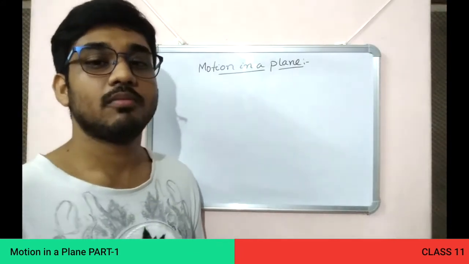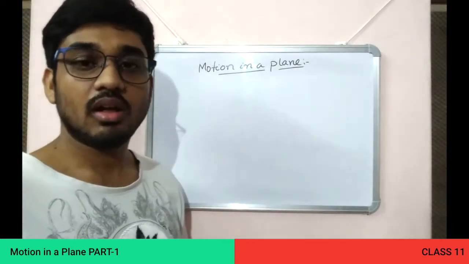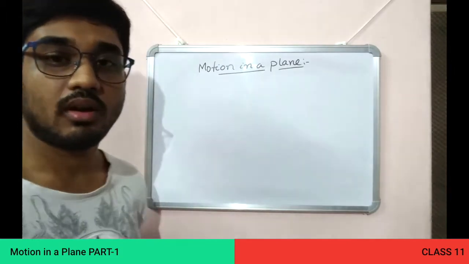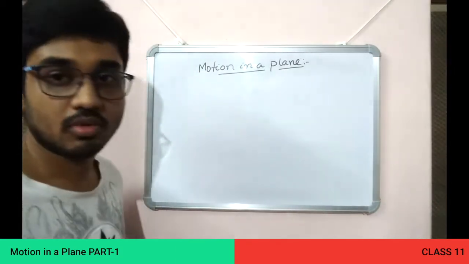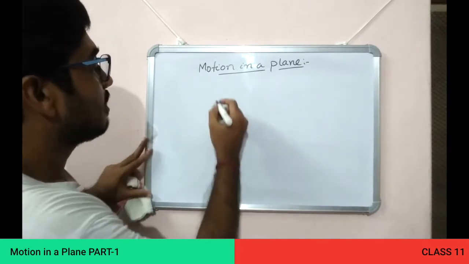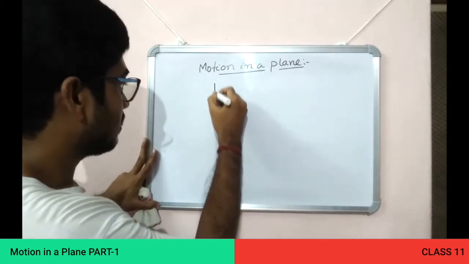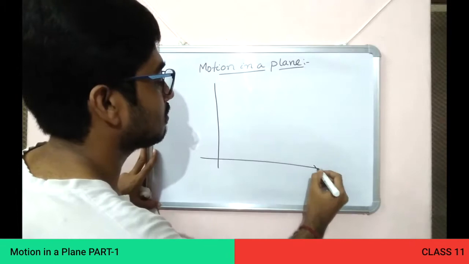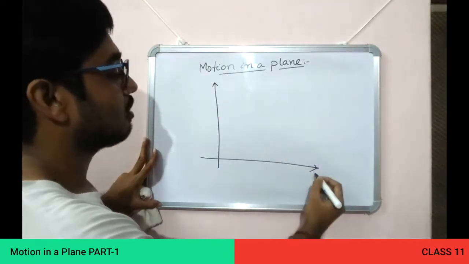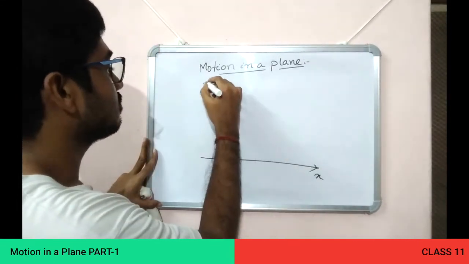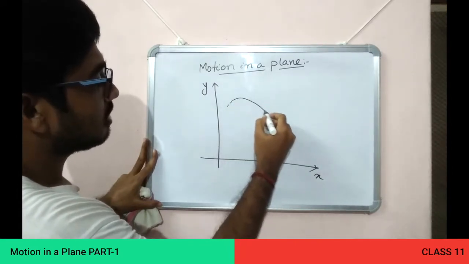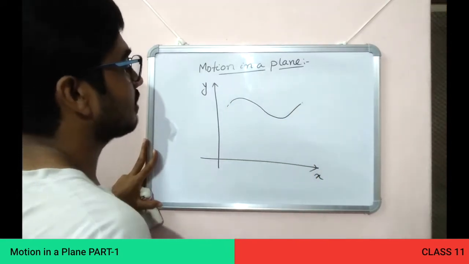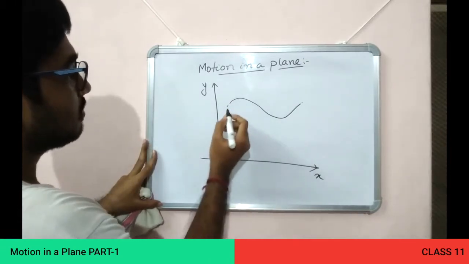Let us describe the position coordinate and displacement vector of a particle in two dimensions. Suppose this is the frame of the coordinate system, x, y, and a particle is moving like this.